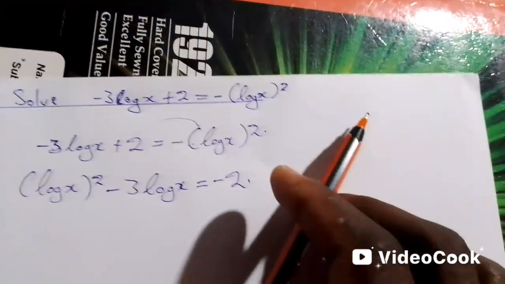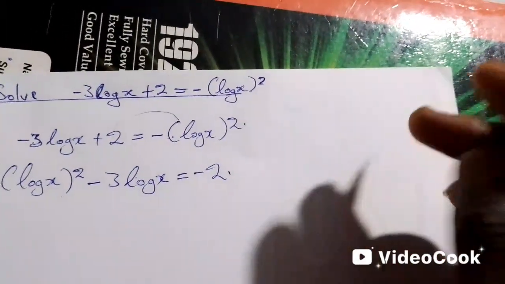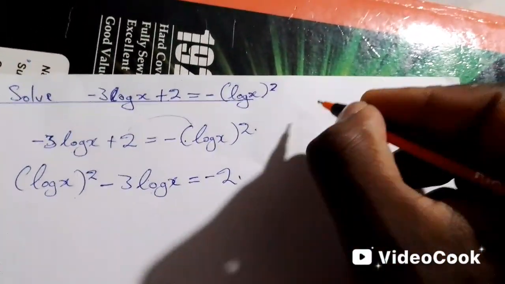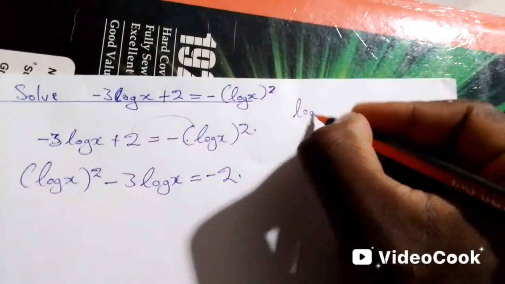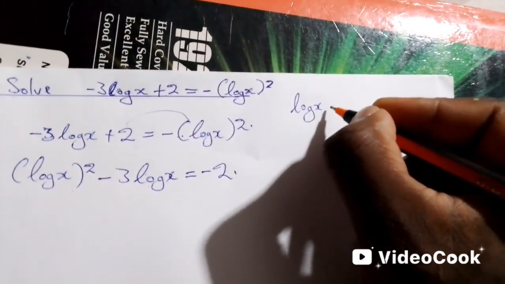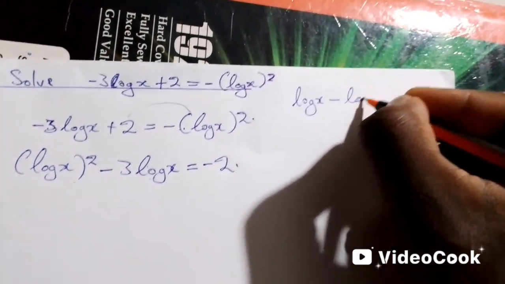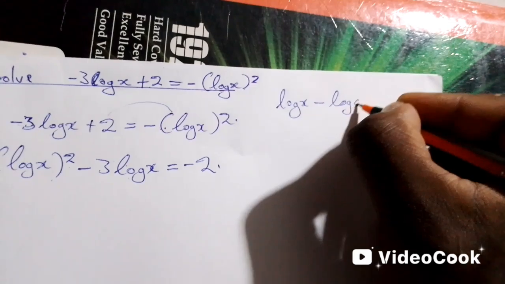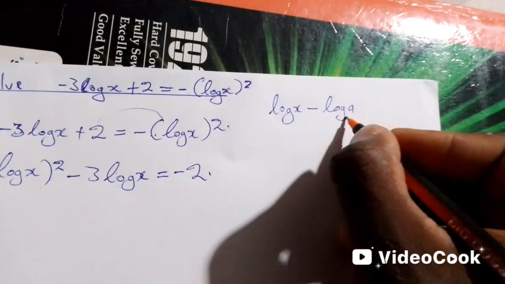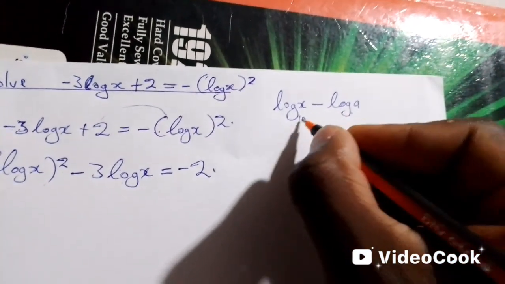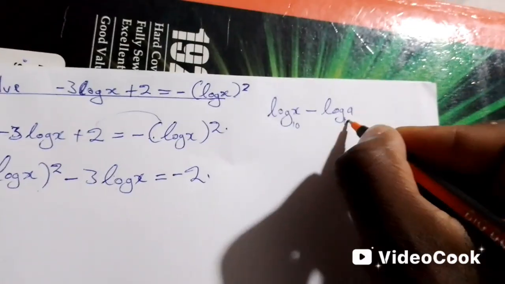Remember the principles of logs. They say that when you have log x minus log a, these have the same base. Mostly when there's no base, it means base 10.